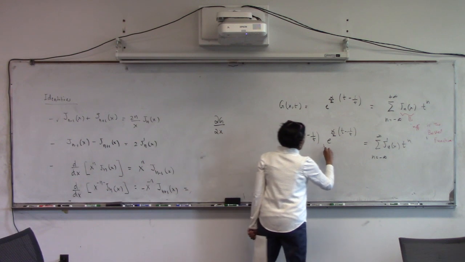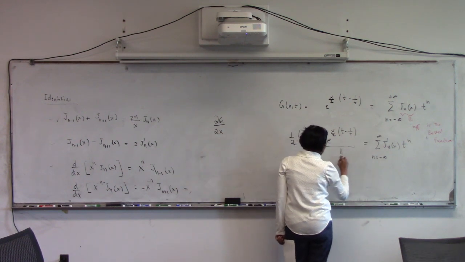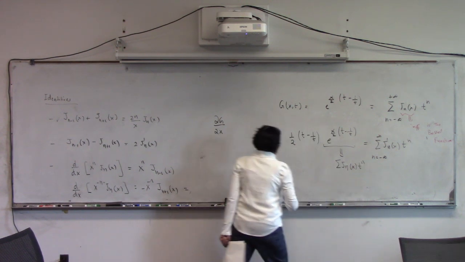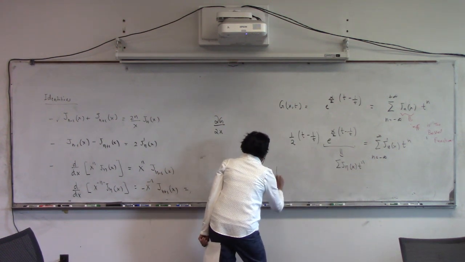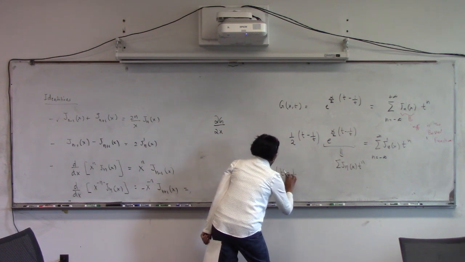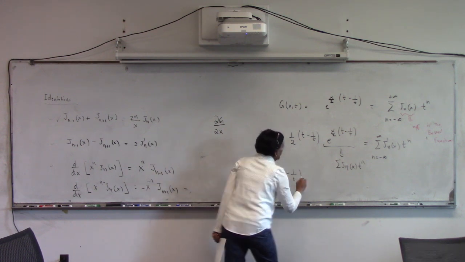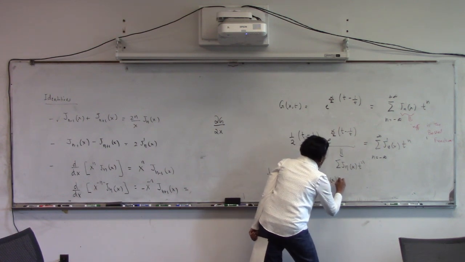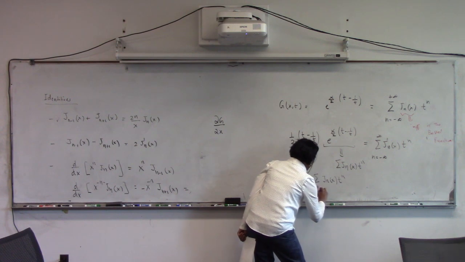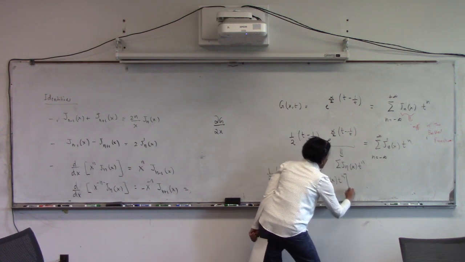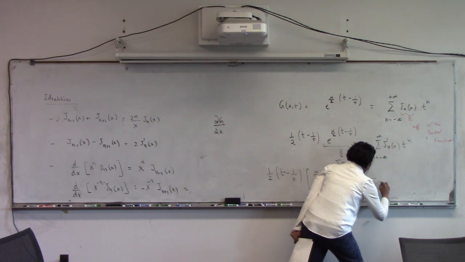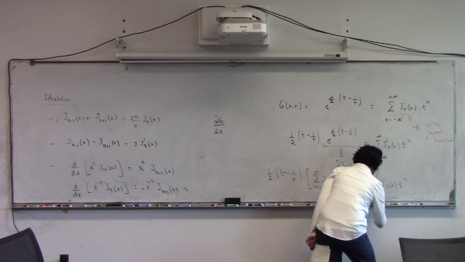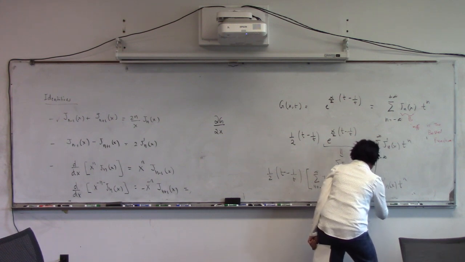All right, and so this is nothing but my infinite series with Bessel function. So I can write this as half of t minus 1 over t times summation j sub n x t to the n, n going from negative infinity to plus infinity, equal to the summation of j prime sub n x t to the n, n going from negative infinity to plus infinity.